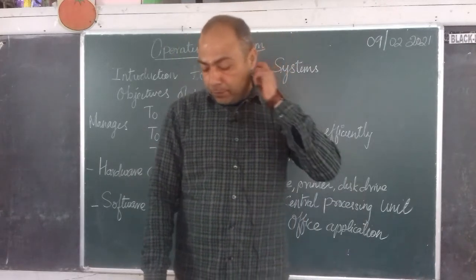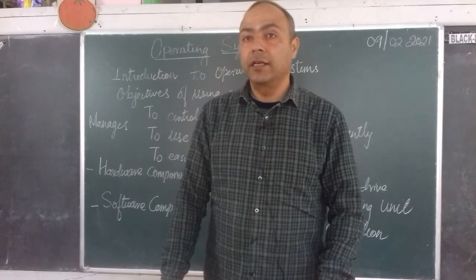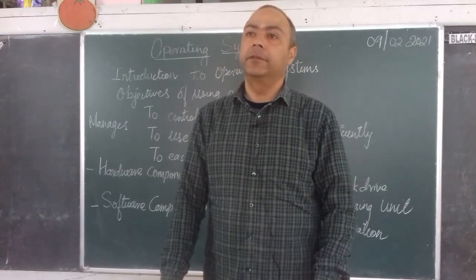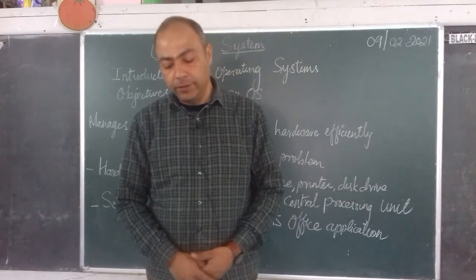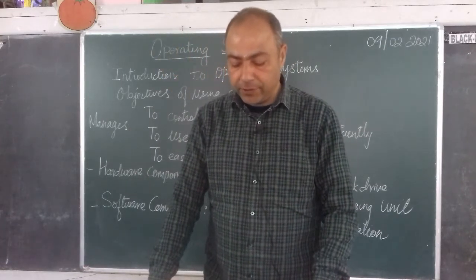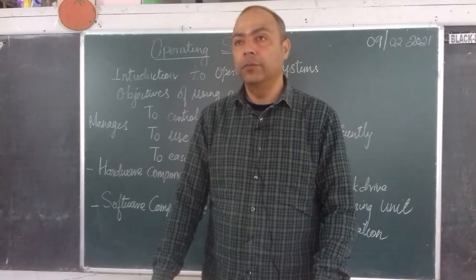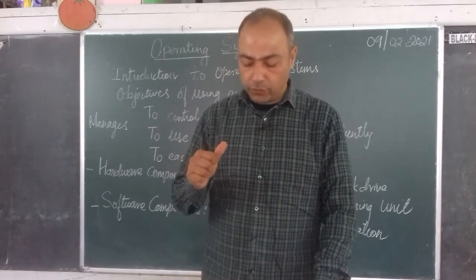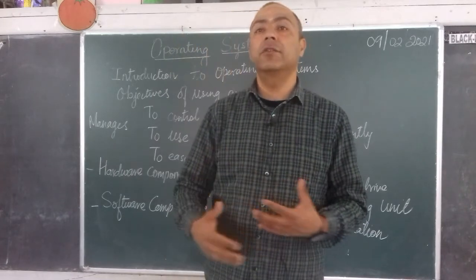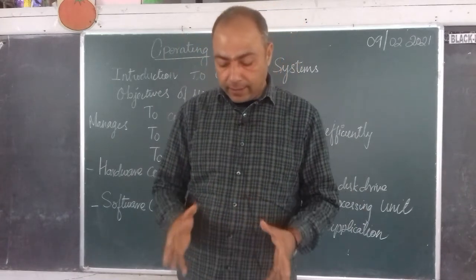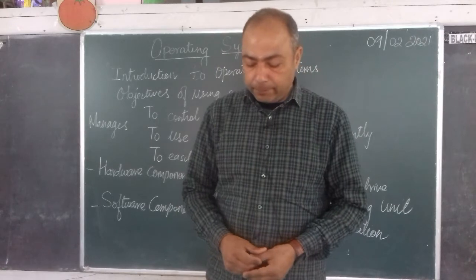A basic input output system, the BIOS, is used to start the operating system. The BIOS enables the computer to perform certain operations as soon as you turn it on. When you just switch on the computer, it starts on its own. That is done with the help of the basic input output system.